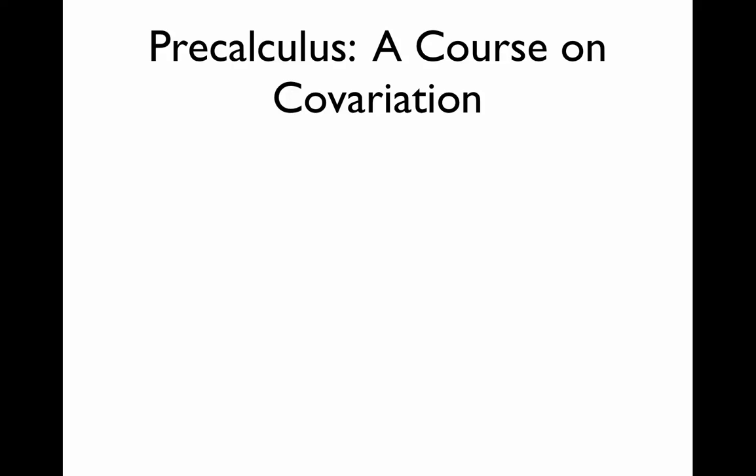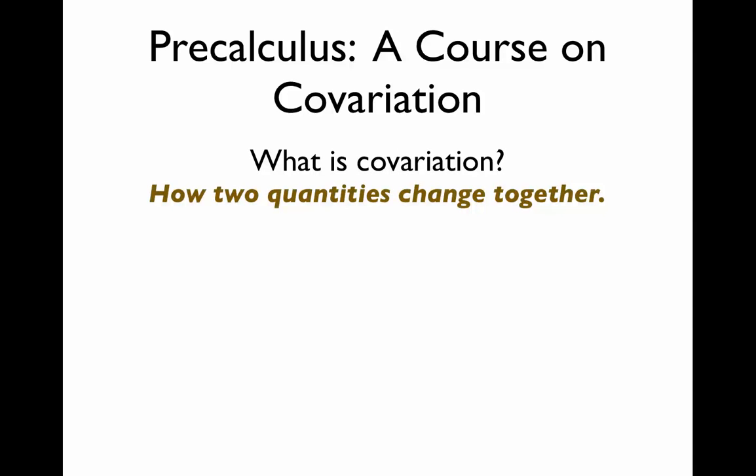Yeah, and what do we call these things that are varying? Okay, variables represent quantities. Remember, quantities are measurable characteristics of objects, and we assign variables to take on their values. So we're looking at two different quantities varying together. That's the idea of covariation. How do they vary together? We say how two quantities change together, right?